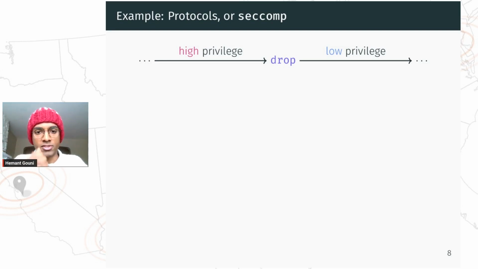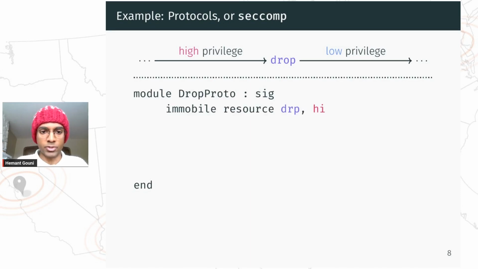And I'm forging this contract with you right now, saying that if I attempt to tread outside this low privilege part of your API surface, you should terminate my process immediately because I've been compromised. So it's kind of a self-protection mechanism that your web browser does in order to stop any compromise of it from being too damaging. And it turns out we can model this sort of thing in our system by using what are called immobile resources.